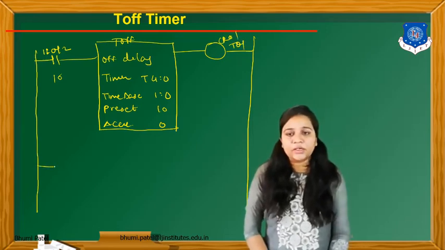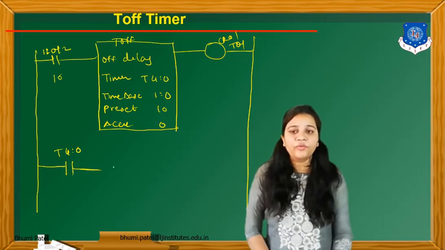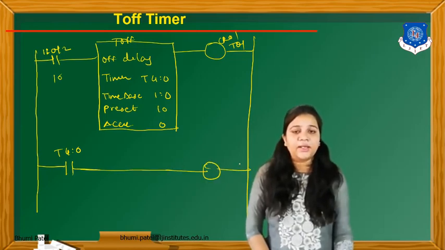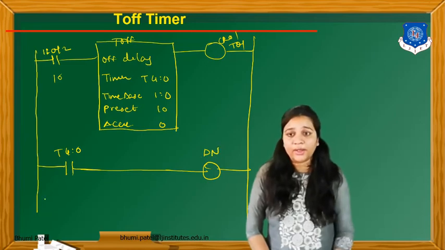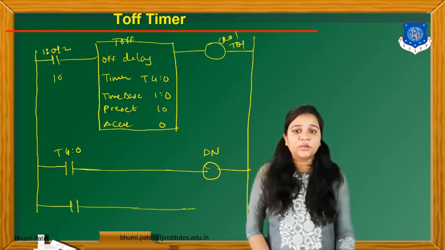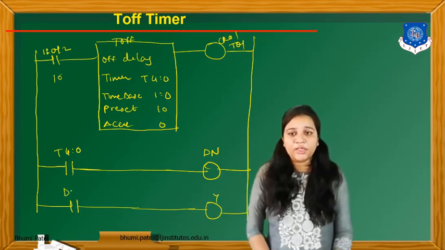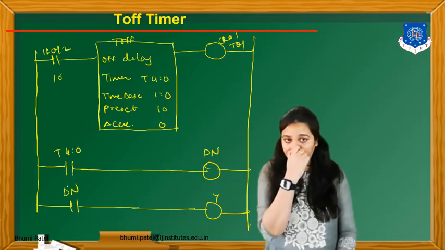Now, what is the condition for the done bit? When the timer T4:2 reaches the accumulator value, at that time the done bit will be on, and whenever the done bit is on, we get the output.